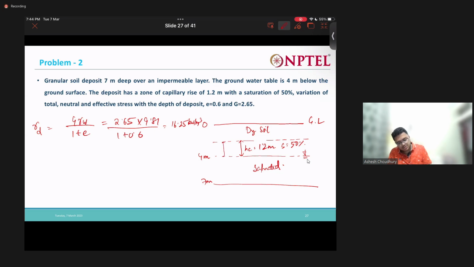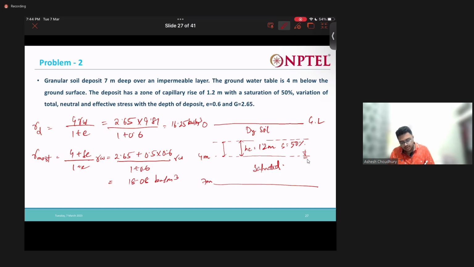Then in this portion it's moist, right? So gamma moist equals (G plus Se) by 1 plus e, into gamma w. Now add up: 2.65 plus 0.5 into 0.6, by 1 plus 0.6. Please find it out. 2.65 plus 0.5 into 0.6, into 9.81, gives 18.08.